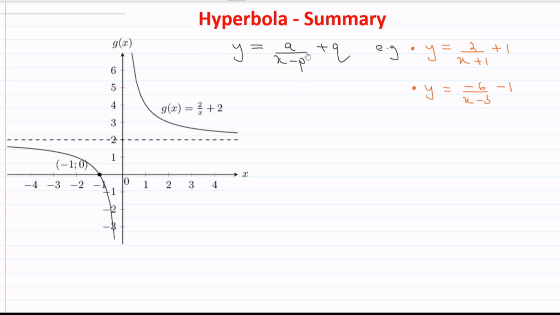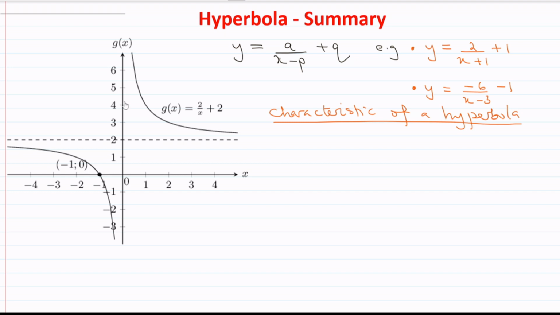Now these letters here, a, p, and q, are the most important numbers that we need to understand about a hyperbola. So I'm going to write here, what are the characteristics of a hyperbola? The characteristics of a hyperbola, like I said, is what we see here.